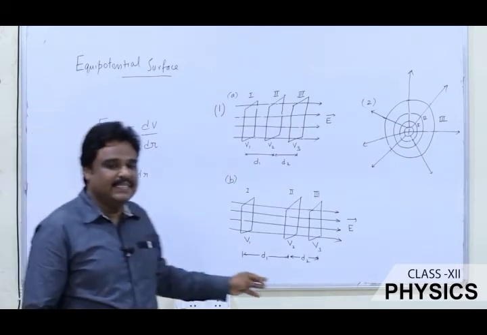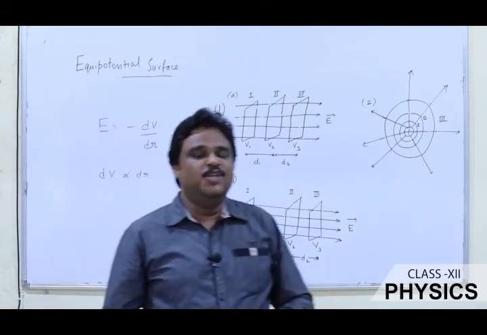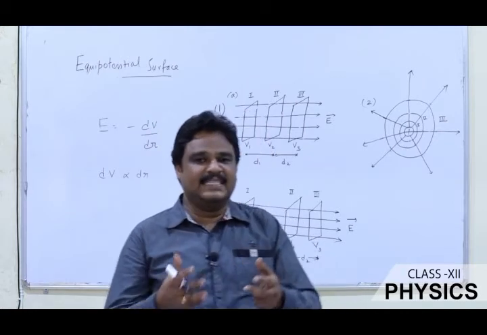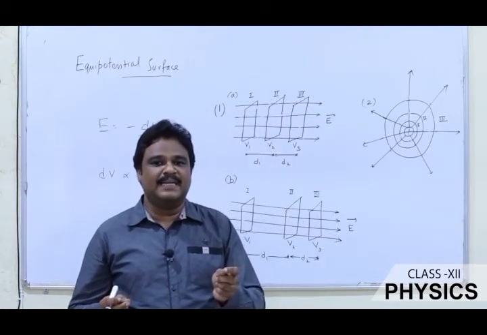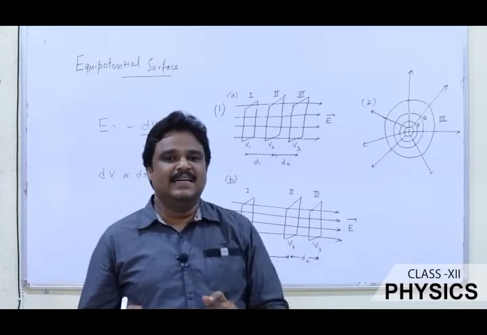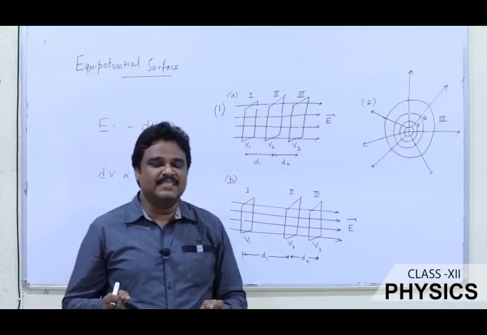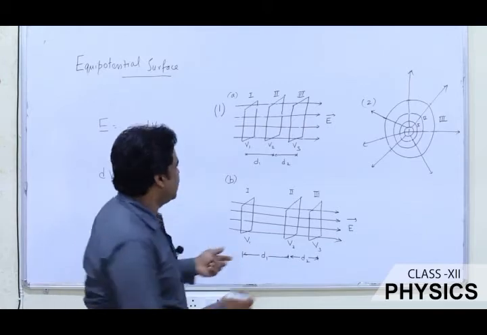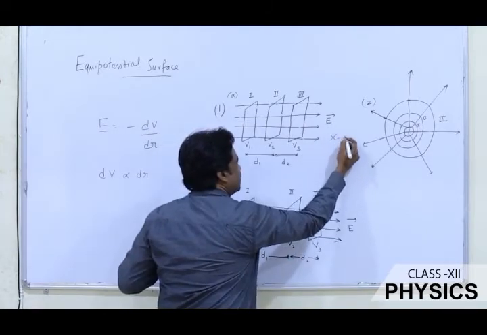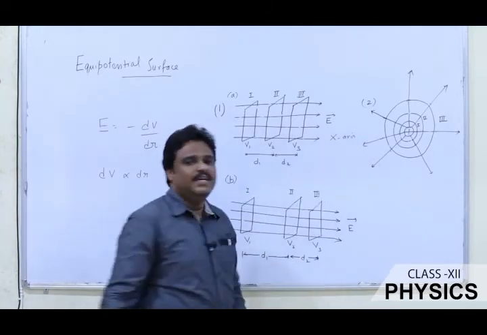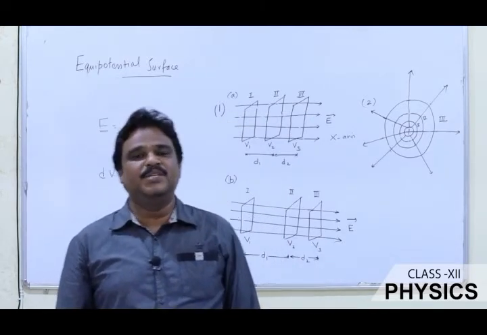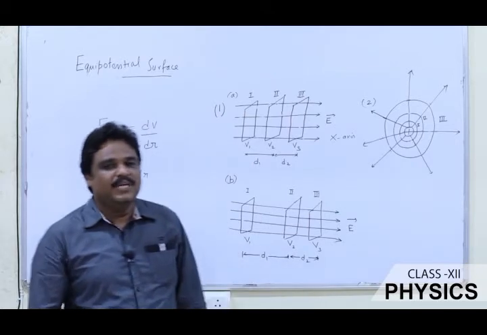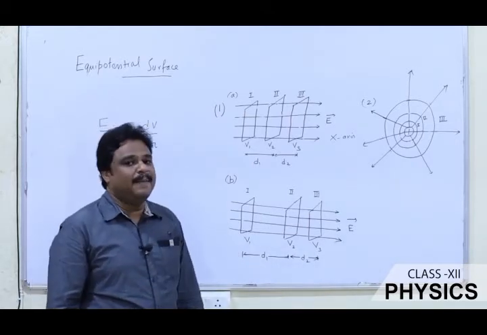So what do you mean by this? We are going to draw normal to the direction. For example, they are asking to draw equipotential surface for uniform electric field acting along x-axis. Let us suppose that this is the direction of x-axis. So what are you going to draw? You are going to draw planes normal to x-axis, and obviously that will be parallel to yz.